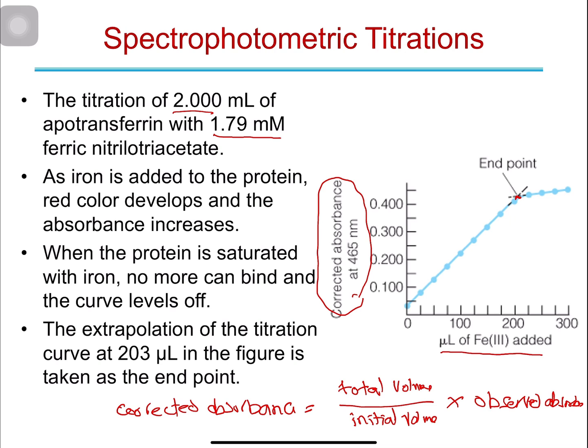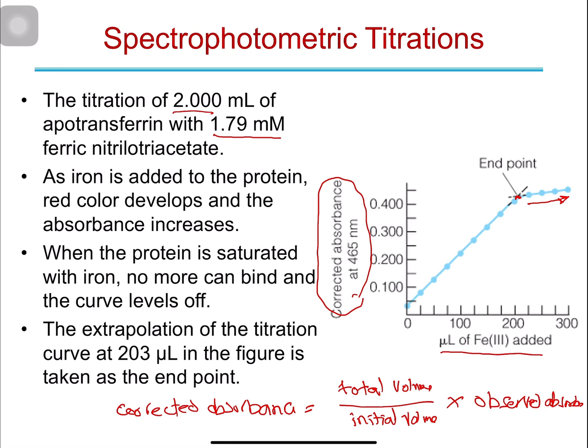The endpoint here is when there is no more apotransferrin, which means no more colored complex will be formed. But if you notice, there is still a slight increase in the absorbance.